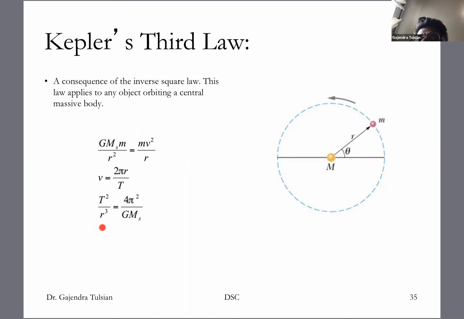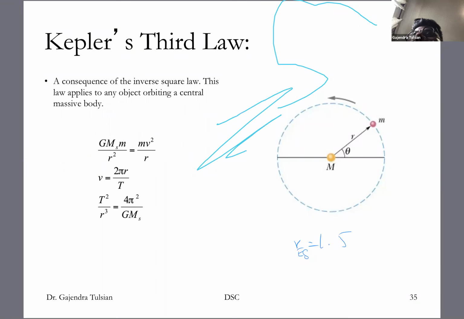So here's an interesting fact. So for Earth, the period is 1 year. So we know T, and we've known the Earth-Sun distance for a long time.